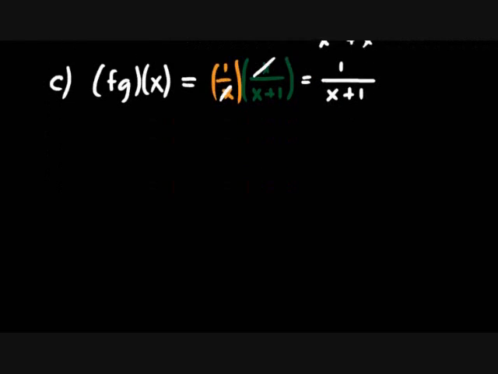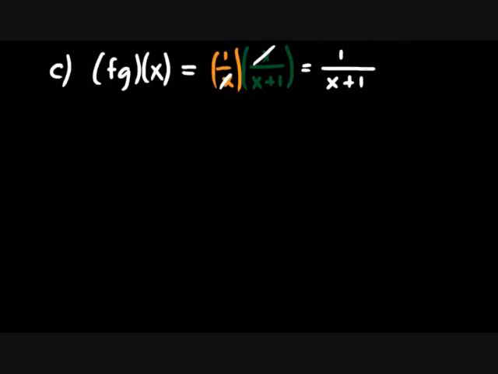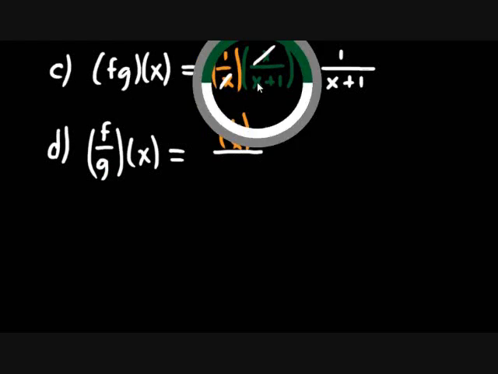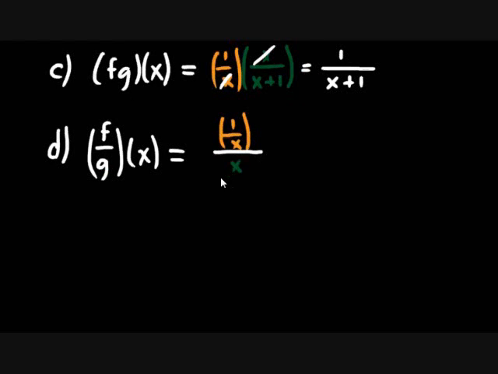For part D, this is the quotient of f and g, which is f of x divided by g of x. So if we look at f of x, it's 1 over x, and we're going to divide that by x divided by x plus 1. So really, when you are dividing something by a fraction, you can write it as multiplying by the reciprocal.